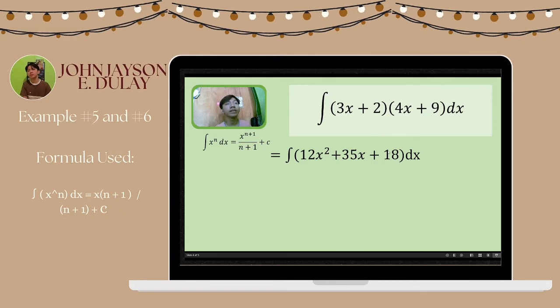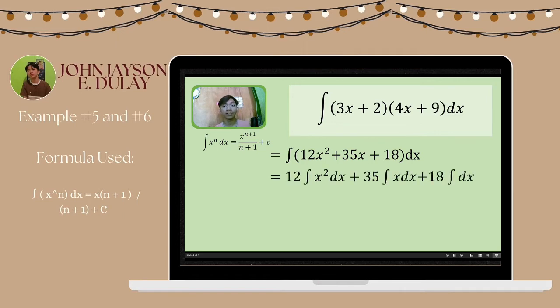For the middle term, we add the products: 2 times 4x is equal to 8x, then 3x times 9 is equal to 27x. So 27x plus 8x is equal to 35x. So that's how we got it. So now we have the integral of 12x squared plus 35x plus 18 dx.